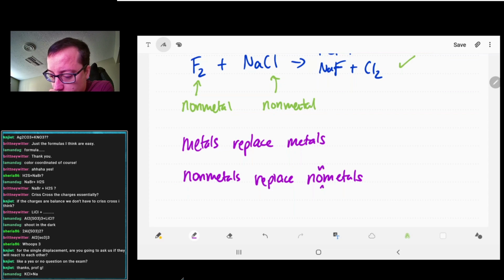I'll fix that. So that's all we need to know for this reaction. So we're going to continue with this on Monday. And then we're going to start talking about observational types of reactions as well. And then we'll talk about balancing and states of matter and all sorts of fun goodness to decorate our reactions.